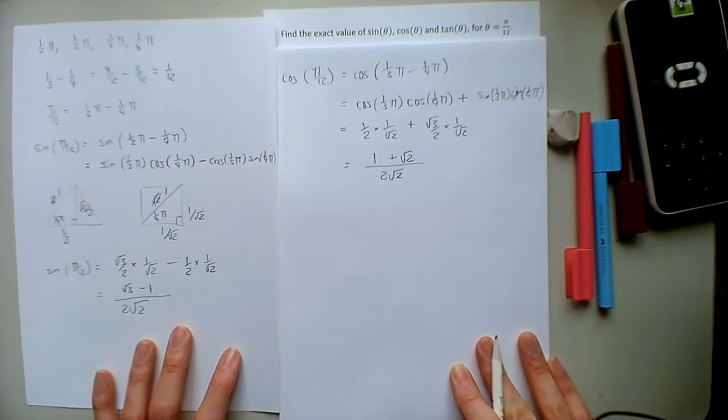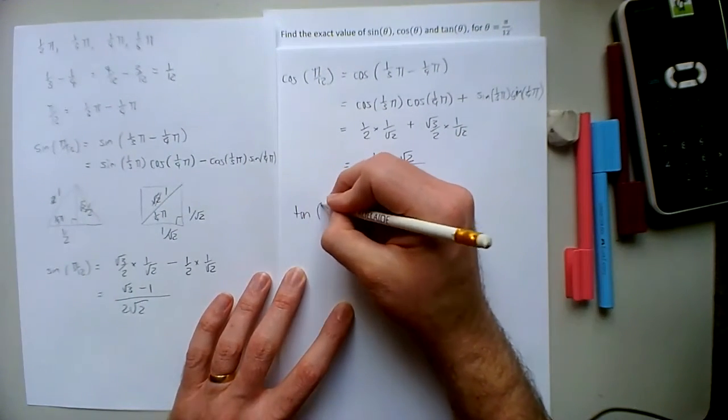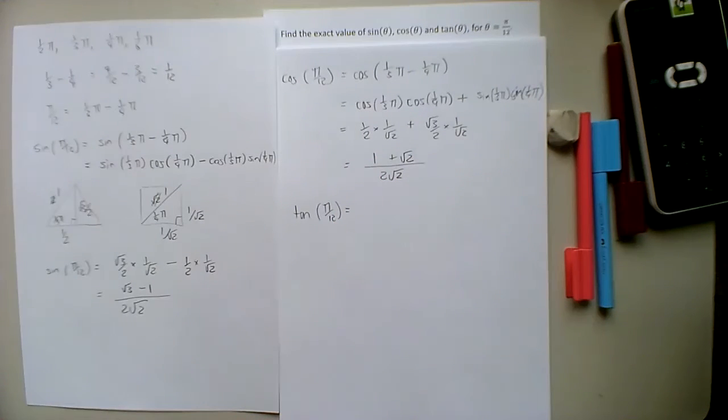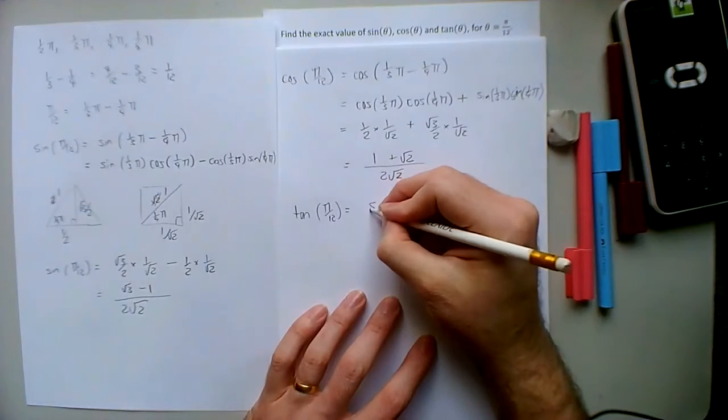Okay. So tan of pi on 12 is the slope, and the y is the sine, and the x is the cos, so it should be sine divided by cos.